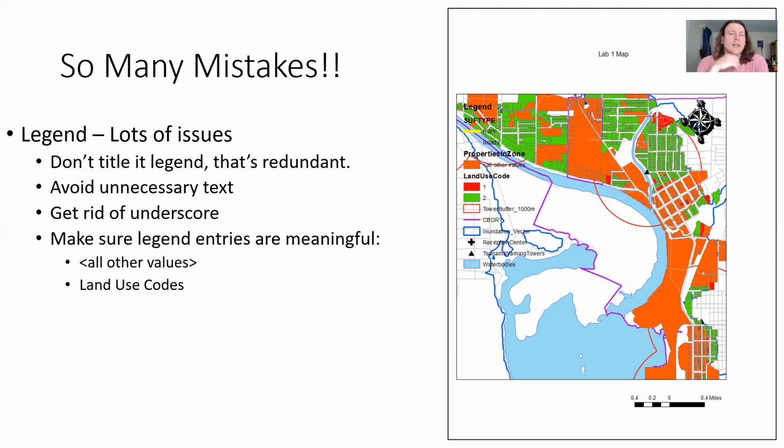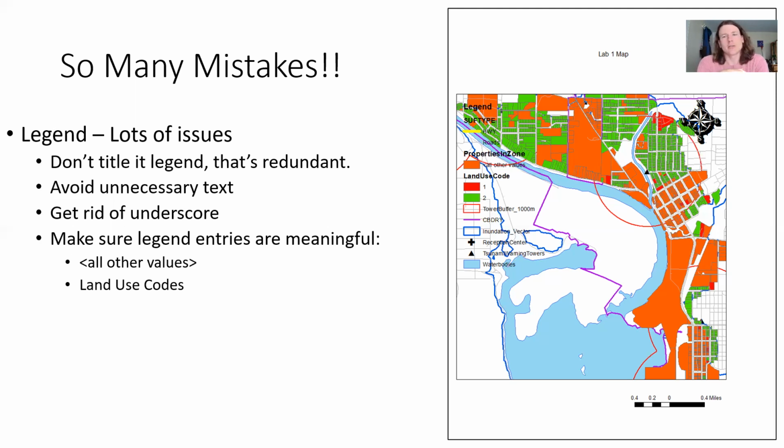You want to avoid any unnecessary text. Again, there are things on this legend that just don't make sense. Oftentimes, ArcGIS by default puts the layer name, then the subtype, and then the different categories. You can edit some of that out because some of it becomes redundant.